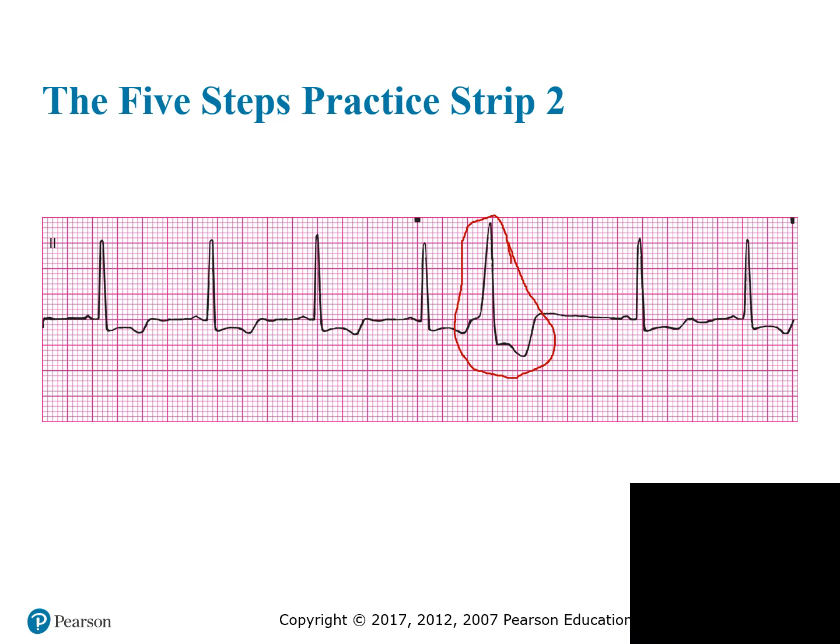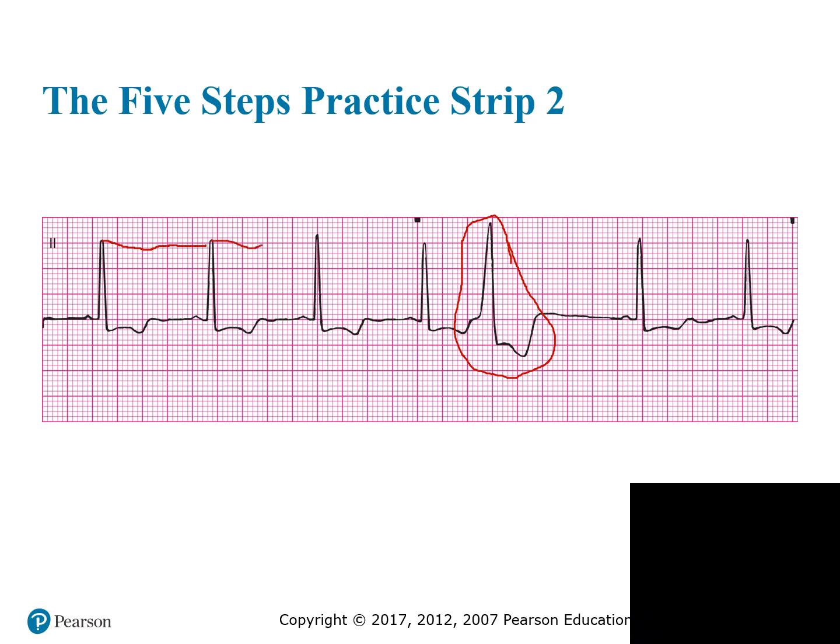All right, so we just established that we do have QRSs and that our 5th beat is abnormal. So next question we're going to ask ourselves is, what is our rhythm's regularity? So let's determine the regularity of this particular rhythm strip. So we'll do our R-to-R intervals.